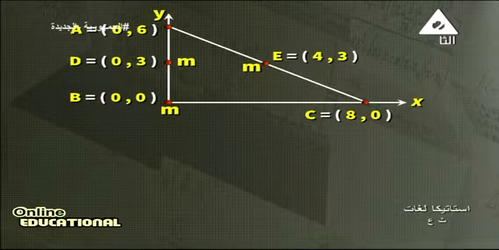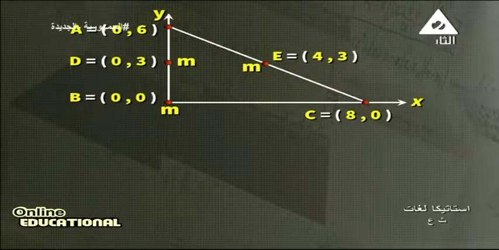Then, my dear student, the point B is the origin point, intersection between two axes, OX, OY. Then let be 0, 0. Therefore, we deduce that point A 0, 6, point C 8, 0.